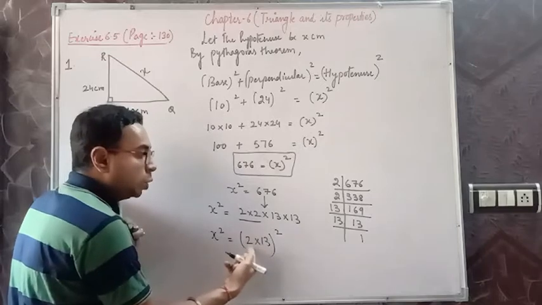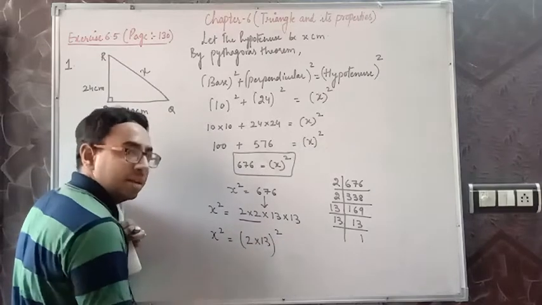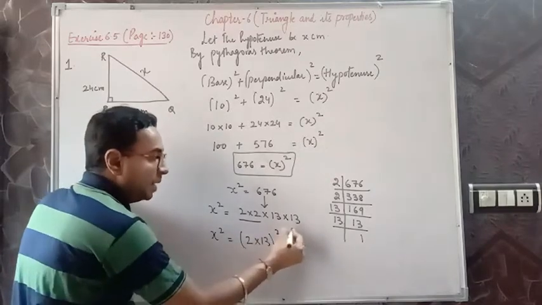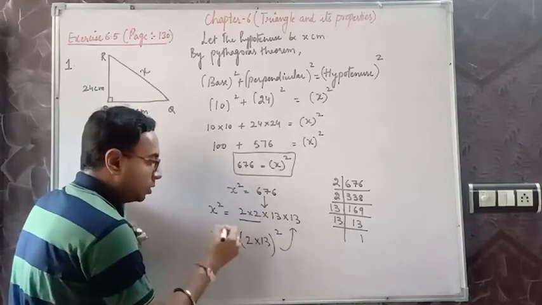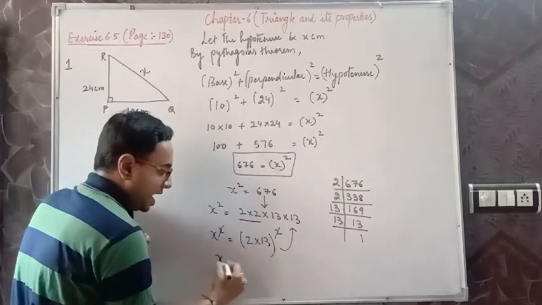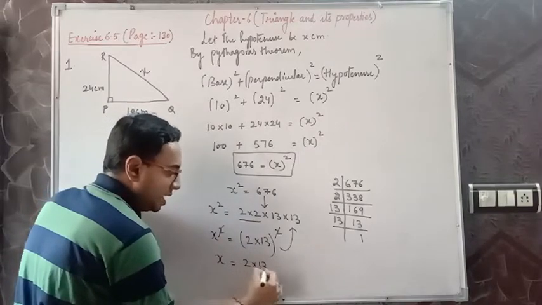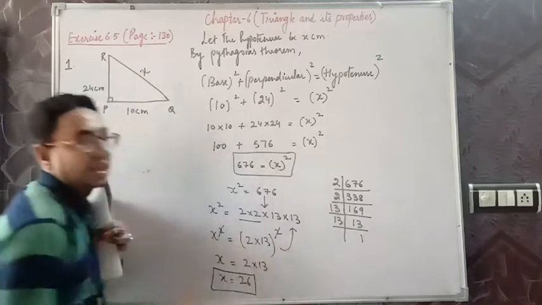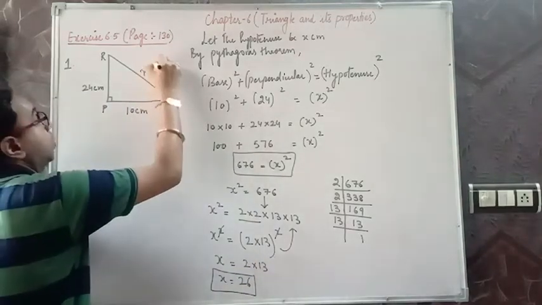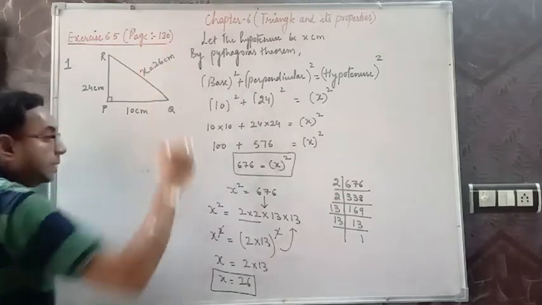So I can say 2 and 13 multiplied, whole square. If I open this, I will get this only. Square here also, square here also. Can I cut? What am I getting? x is equal to 2 into 13, which is 26. Hence, the hypotenuse is equal to 26 centimeters.